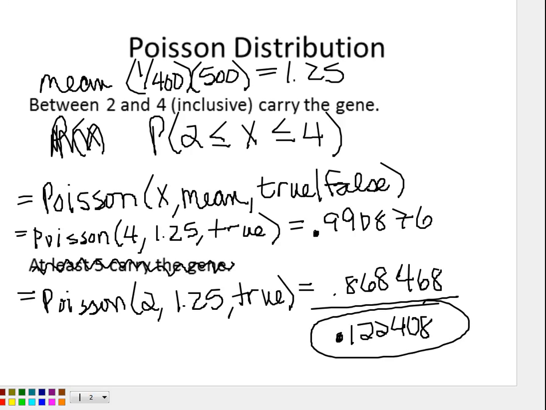And then the next question was, what's the probability that at least 5 carry the gene? So that's going to be the probability that X is greater than or equal to 5. We don't have a command in Poisson to do everything greater than.